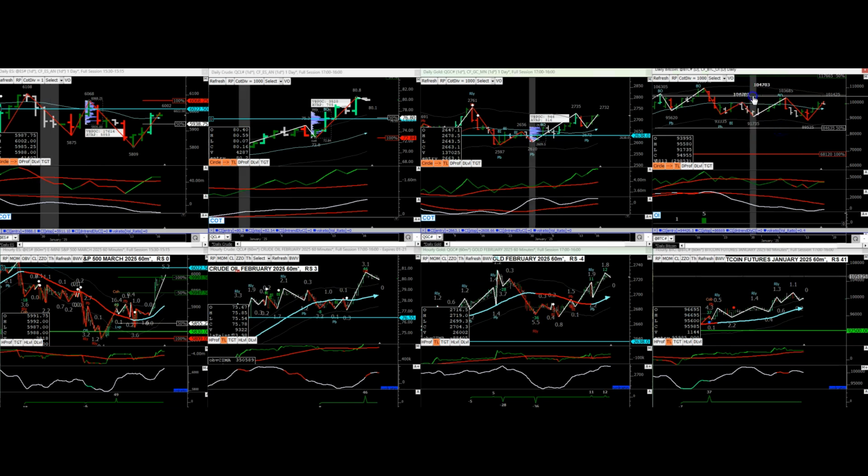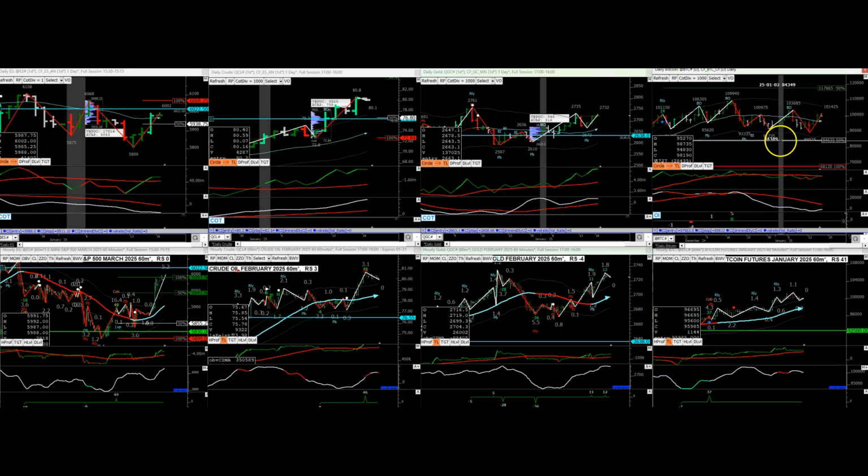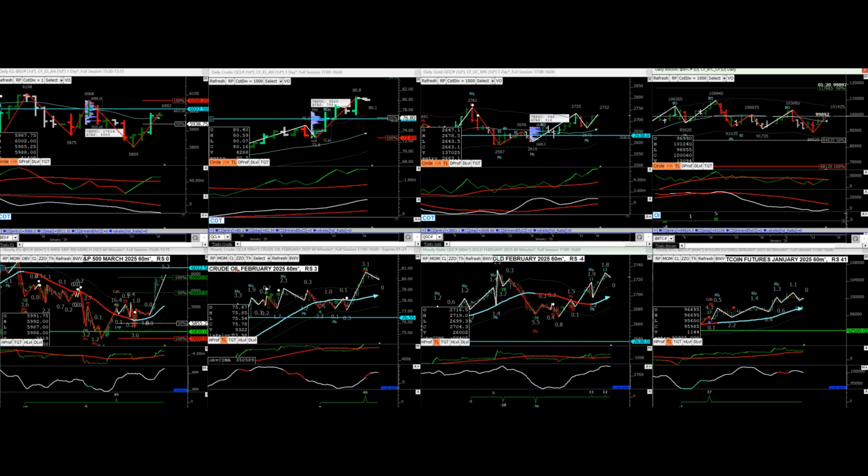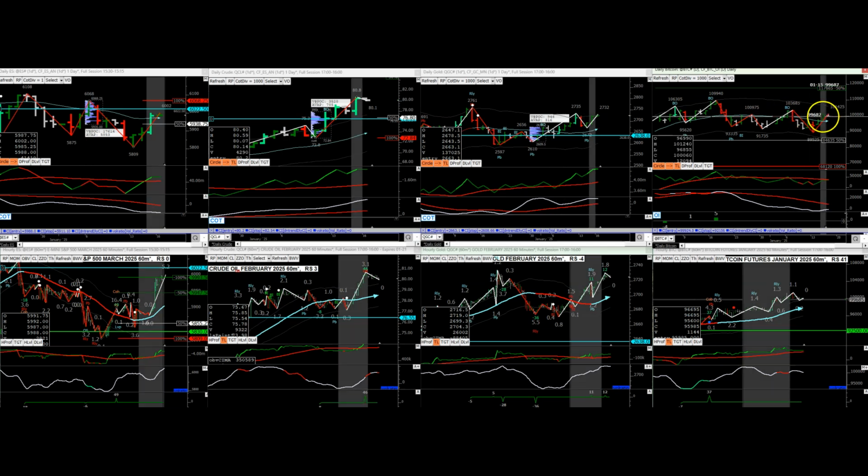And in Bitcoin, we also have a level right here, 103.685. We're at 101.425, so it's not too far away. We can tap tomorrow and see if we're going to break through or not.